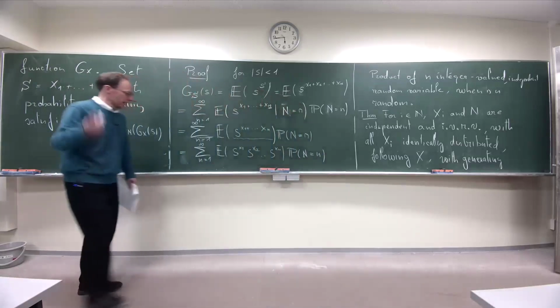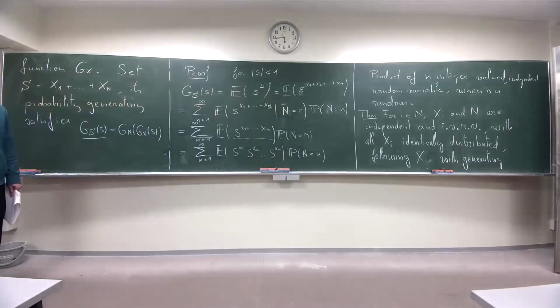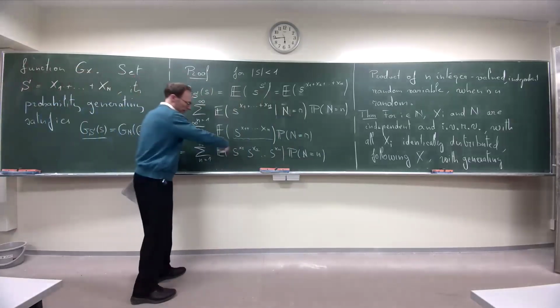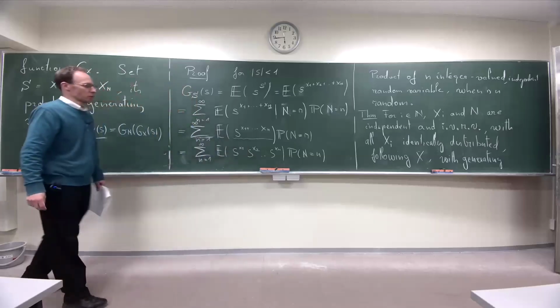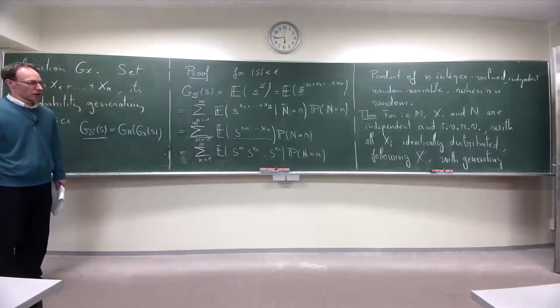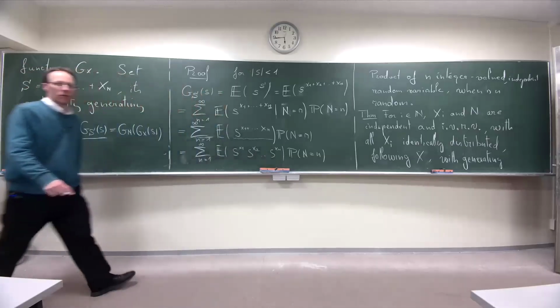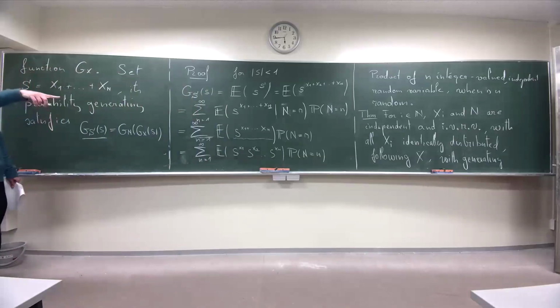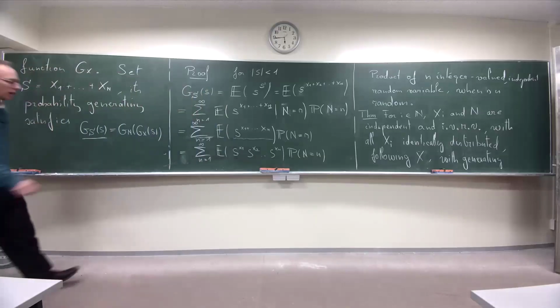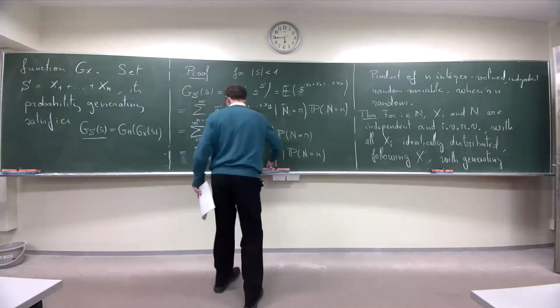And now I use the independence. For the independence, you can write this as a product of expectations. But the expectation of all these guys are the same because I have assumed that they all follow the same distribution.